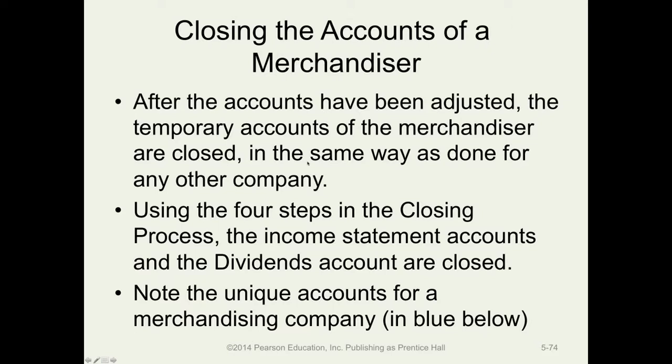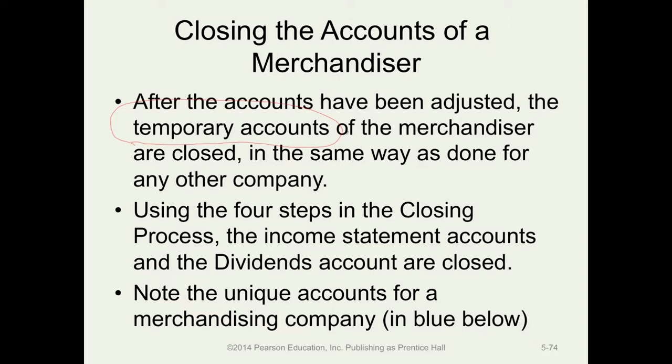Now, for the closing side, the shrinkage or the theft or shortages result in an adjusting entry. From the closing entry side, we have the same process. So after the accounts have been adjusted, the temporary accounts, of course, are closed. Now, what is not temporary, what is permanent, is going to be inventory.